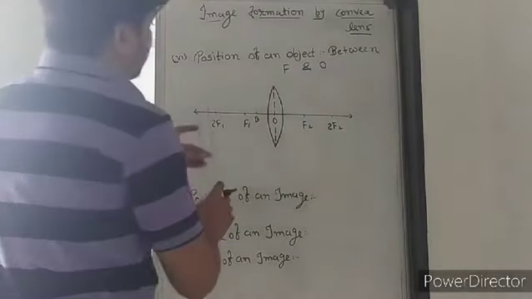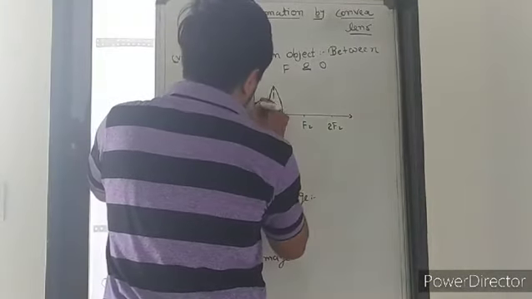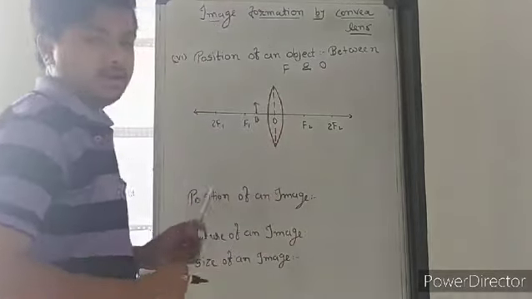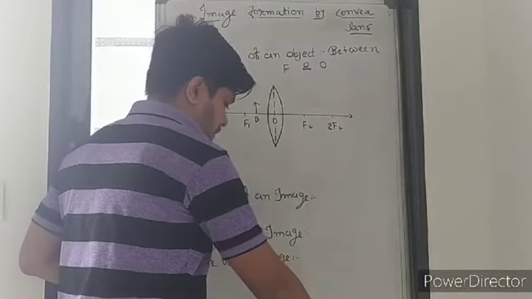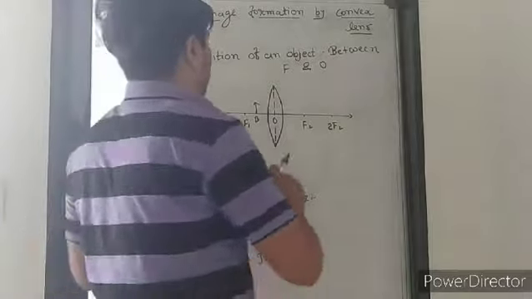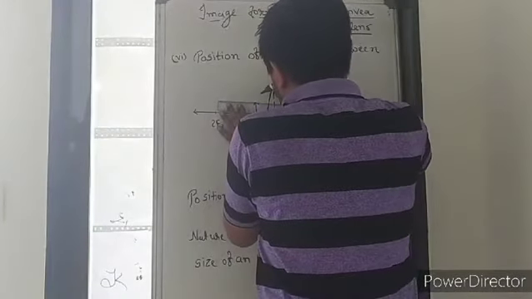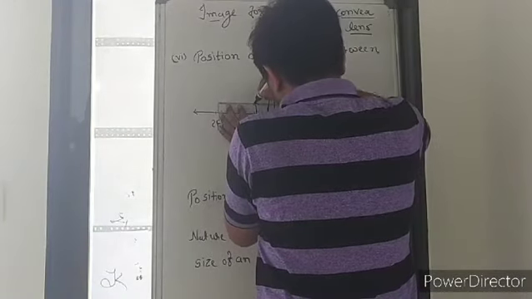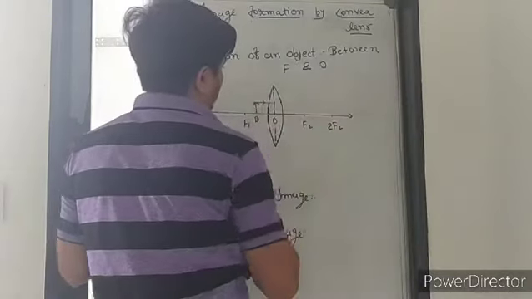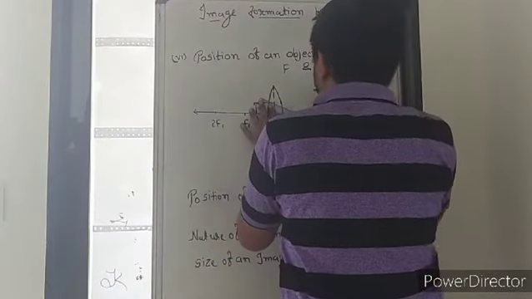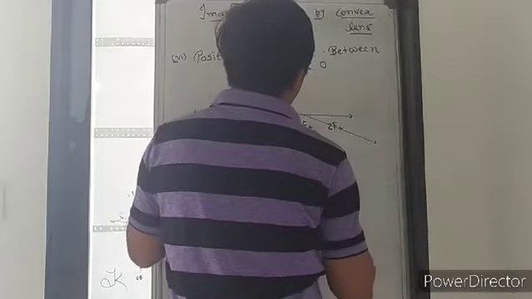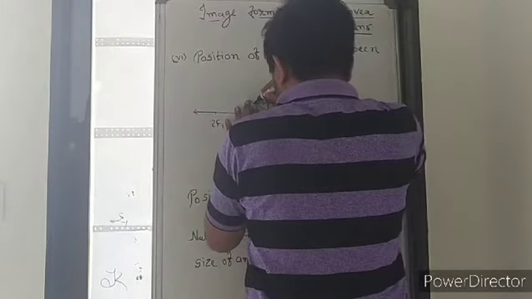So now put an object on F and O. Right? So for forming an image, you need one point, and from that point A, you have to pass two rays, one as a parallel to the principal axis. So here it is, which should be passes from F2. And the other ray is passes from O.